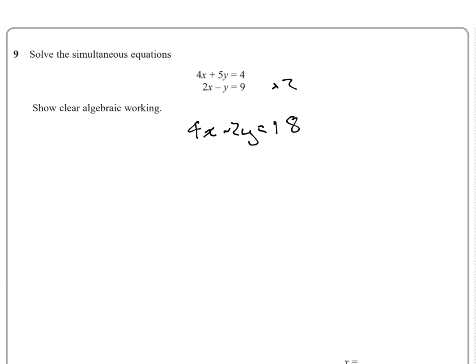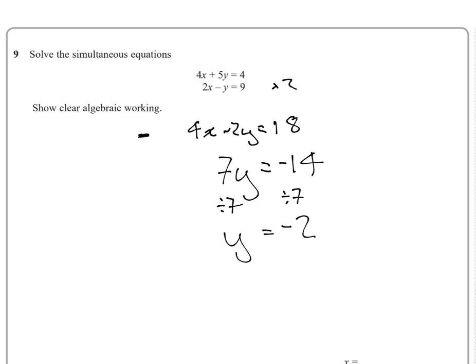So I'm going to take these away. So if I do 4x, take away 4x, I get no x. Then I've got to be careful. 5y minus minus 2y, that is 7y. 4 minus 18 is minus 14. Divide by 7, y equals minus 2.